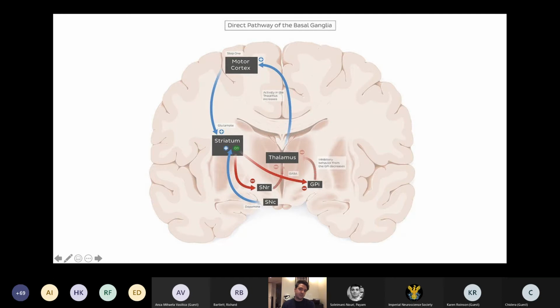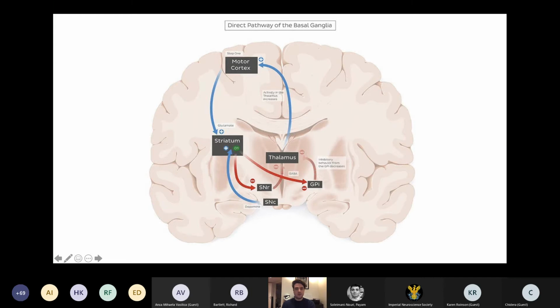So if your baseline is just the glutamate from the motor cortex giving that excitation to the striatum, add in dopamine and you get an increased surge of motor output at the end, because you've inhibited the GPI further, with both the effects of glutamate and dopamine. So why is this important? This is particularly important in modulation of a movement, a big movement versus a small movement, heavy object, light object.